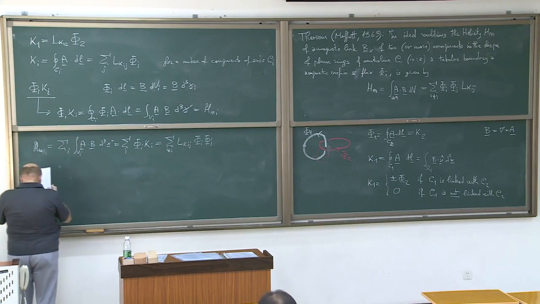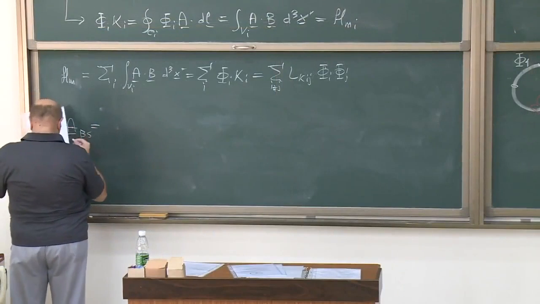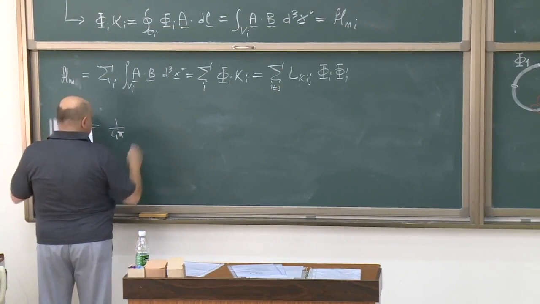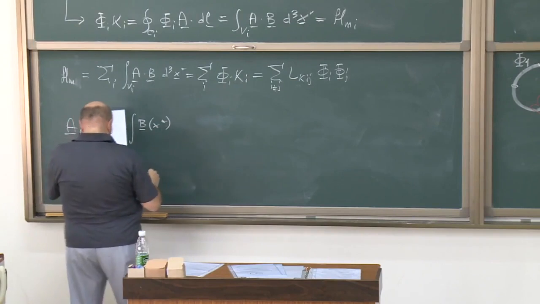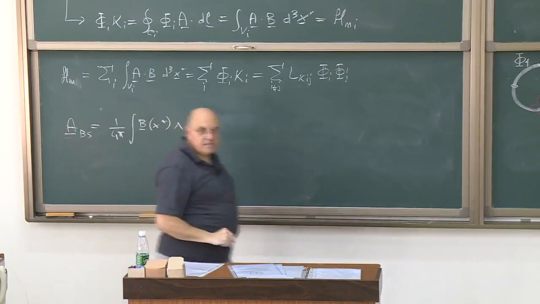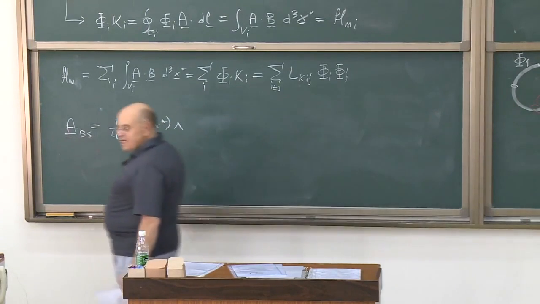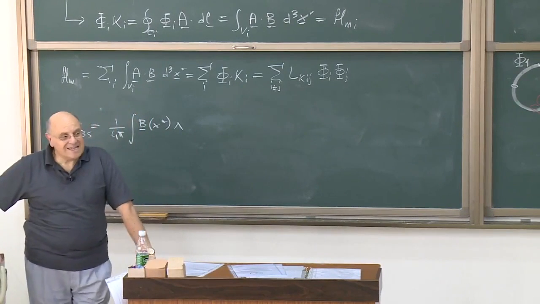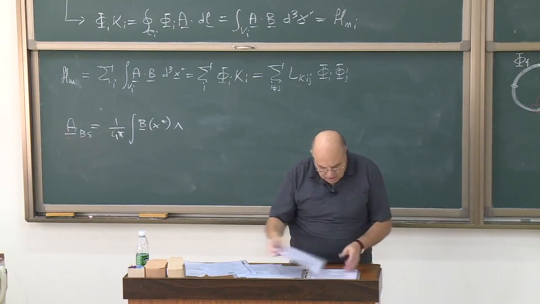So we have, in general, A due to Biot-Savart, and this A is 1 over 4 pi integral of B x star. I have to say that I suspect, while I'm writing this, I know that this is correct. But I have a sense, I don't have it with me now, but in the notes, if you go to the Biot-Savart law, actually I do have all the notes with me.